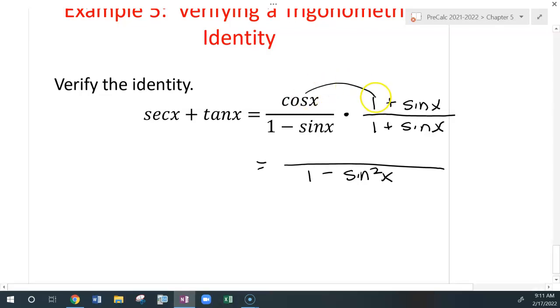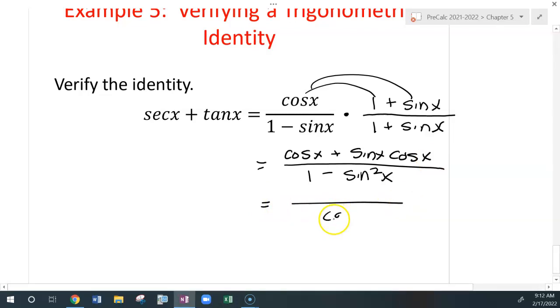So let's go ahead and see what happens. So now I'm going to distribute my numerator. I get cosine x plus sine x cosine x. Well, 1 minus sine squared x, that's cosine squared x. So I get a cosine x plus sine x cosine x.